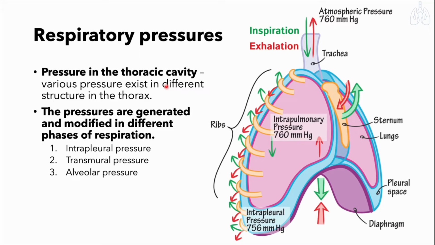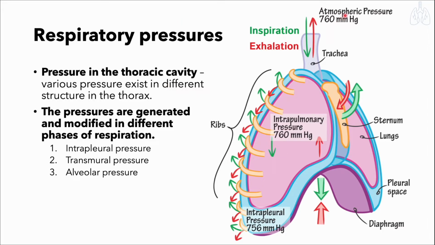So how do the changes in the shape of the structures in the lungs influence the air to move in and out? And right now, there is another factor that influences respiration, which is pressure. We have various types of pressure in the respiration process.